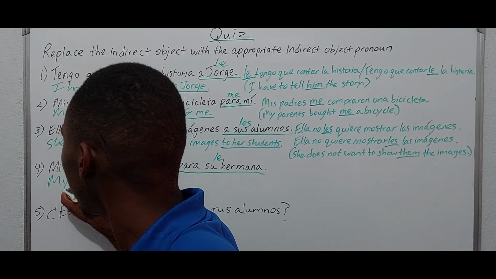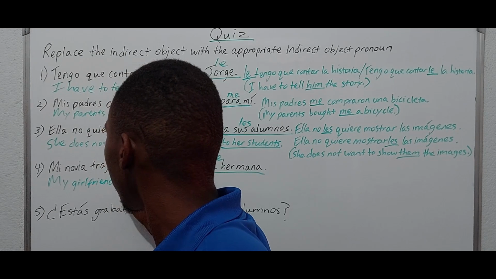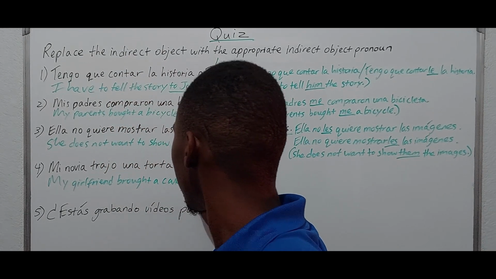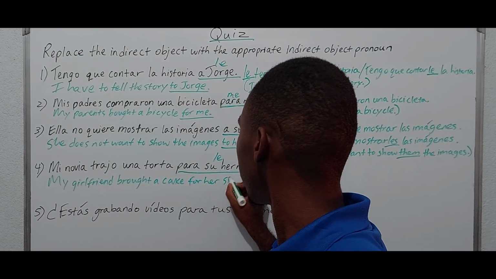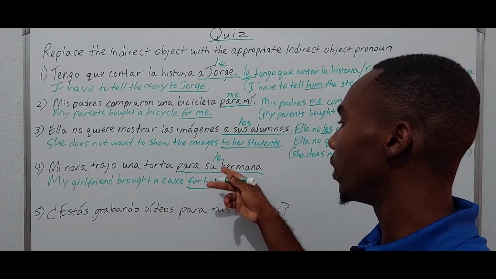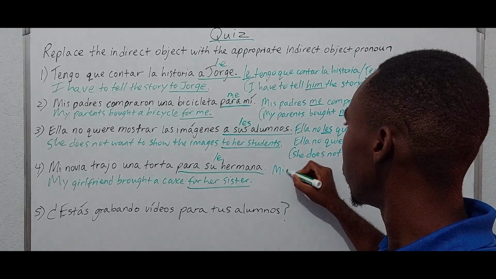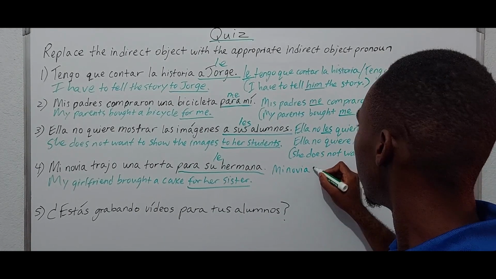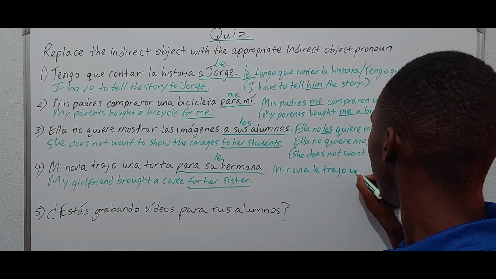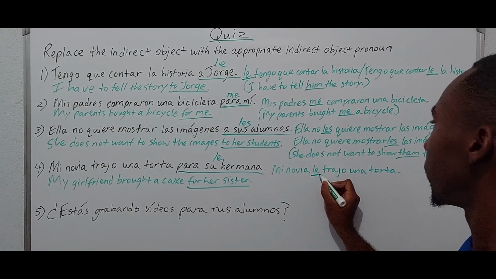So my girlfriend brought a cake for her sister. So the only place this can go is before the conjugated verb. So mi novia le trajo una torta, right?